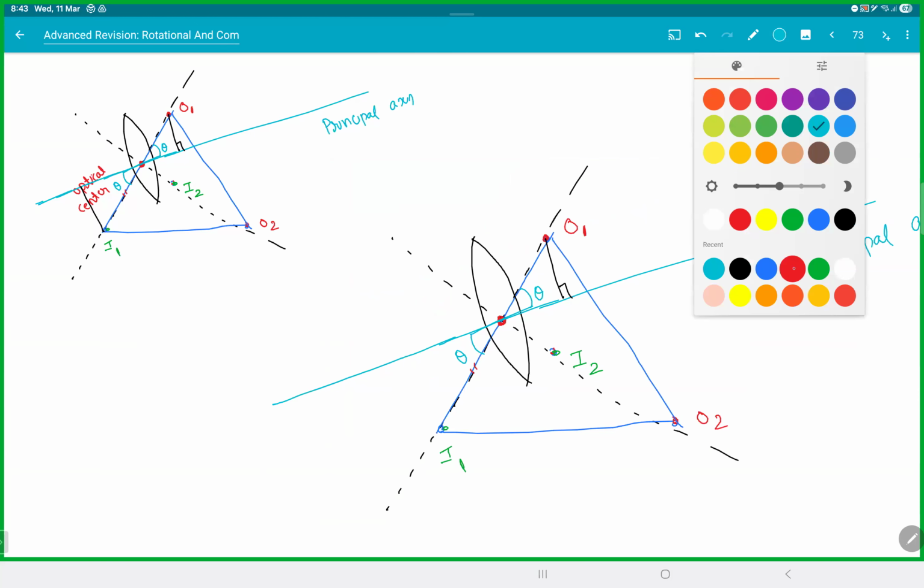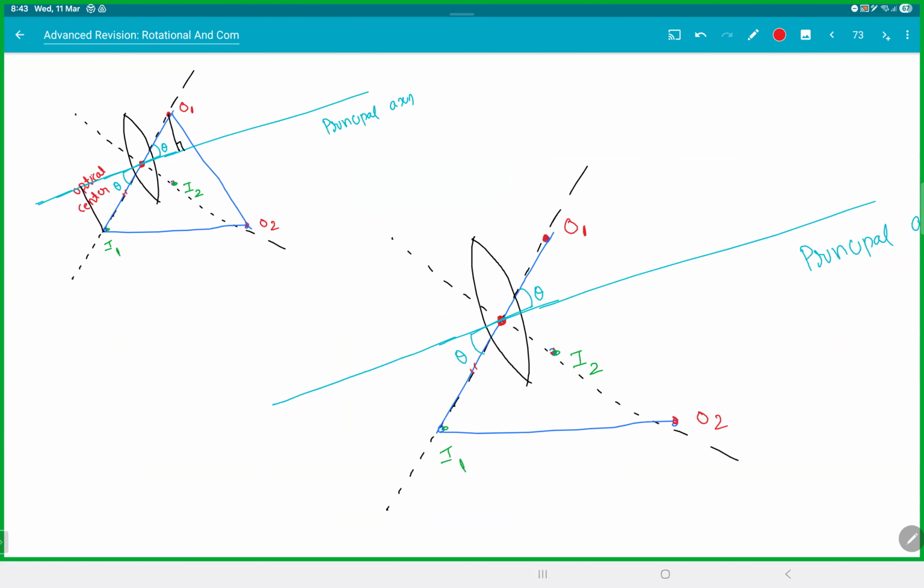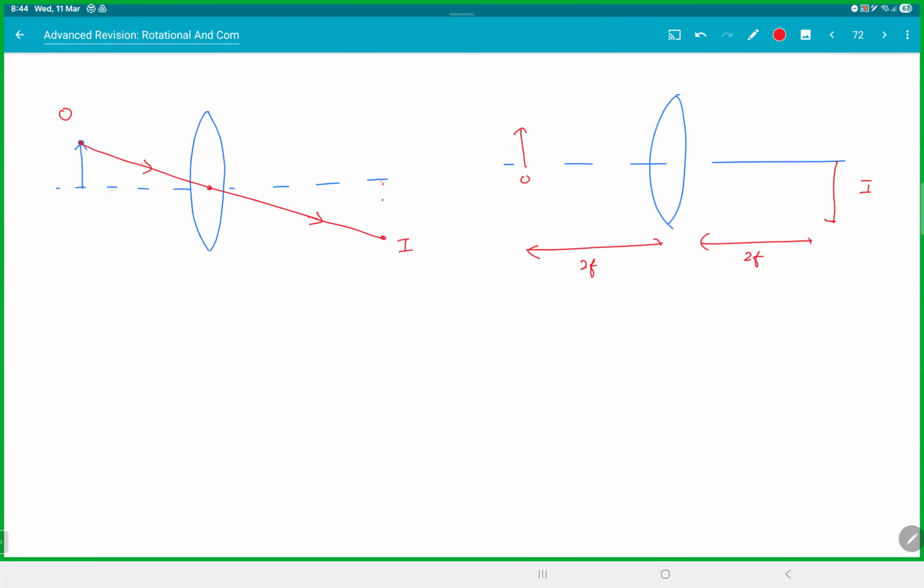So from the object, if you drop the perpendicular, this is your O1 dash, and from the image, if you drop the perpendicular, this is your I1 dash. This length will be 2f. Agreed? From the principal axis, the length is 2f, isn't it? In this picture, is this 2f? That is not 2f, right? The base is 2f. Are you clear?